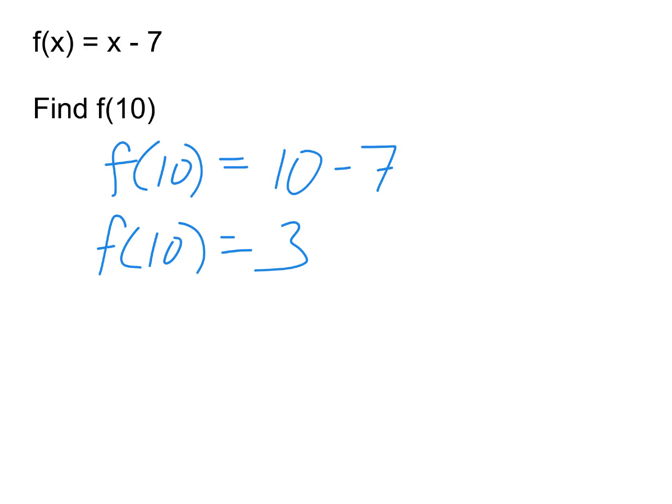So that's how the work looks. Notice as I'm doing this work, all the way down the side over here, I just keep writing f of 10 equals. One of the cool things about this function notation is that by the time you get to the last line, embedded in that last line is both your x and your y value. You have both pieces of information there.